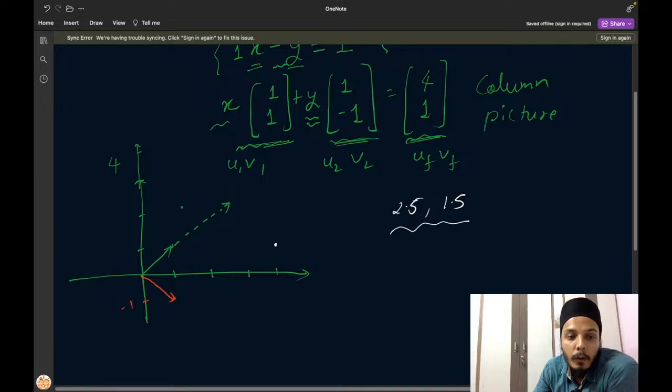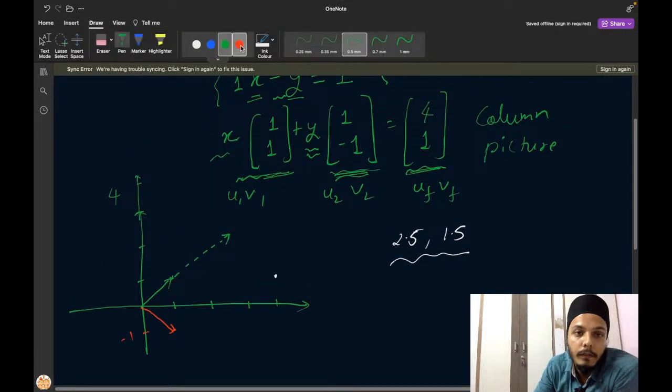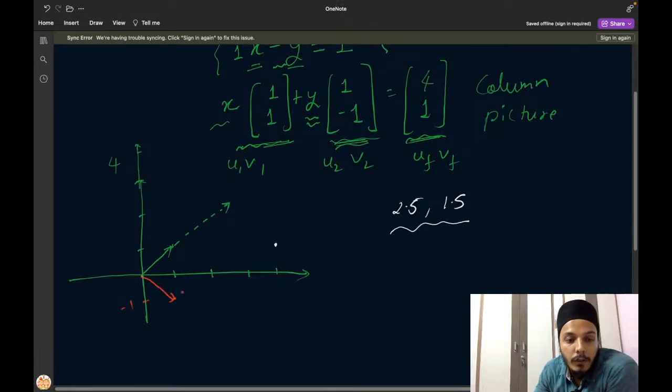So this is the point 2.5 comma 2.5. Now we multiply our second vector by 1.5. So by multiplying by 1.5, we will reach some location here.